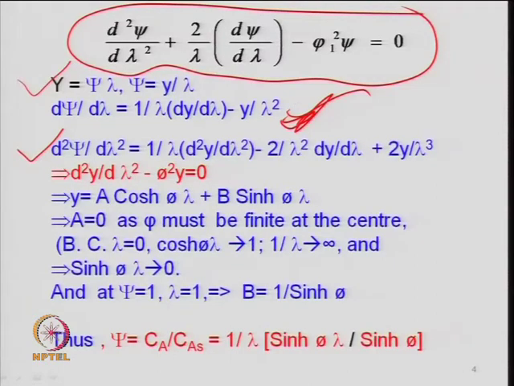Now, if you substitute the value in this equation, which is a combination of the two terms d 2 psi by d lambda square and d psi by d lambda, finally the equation is written in this form, which is d 2 y by d lambda square minus phi square y is equal to 0, and this equation has a very standard format of solution.